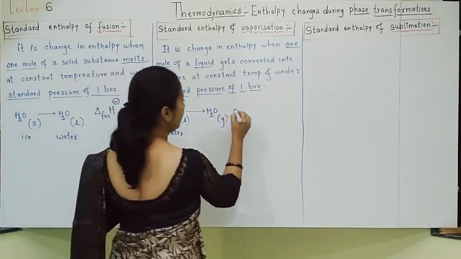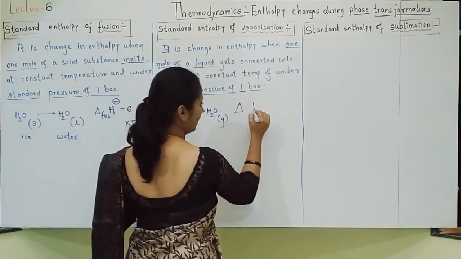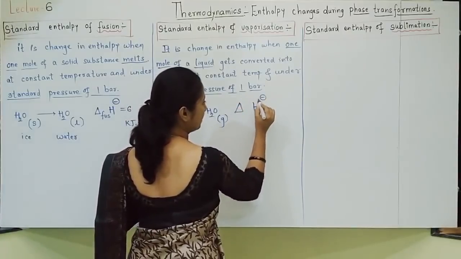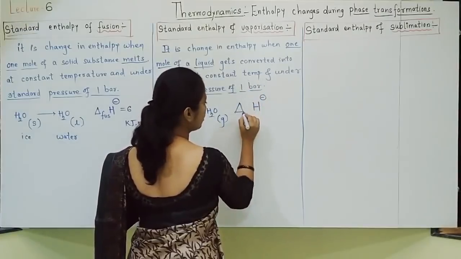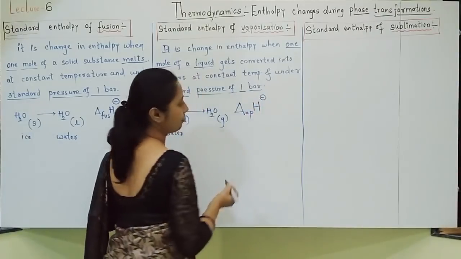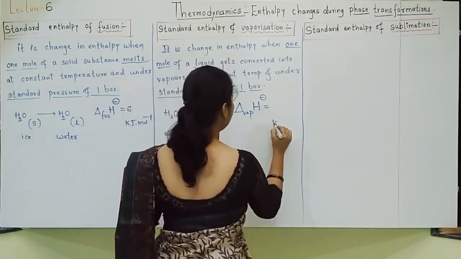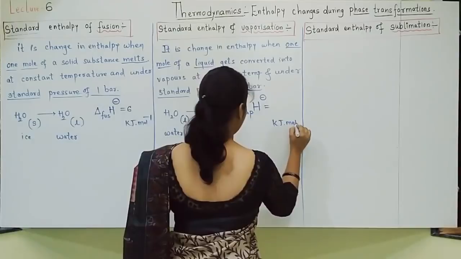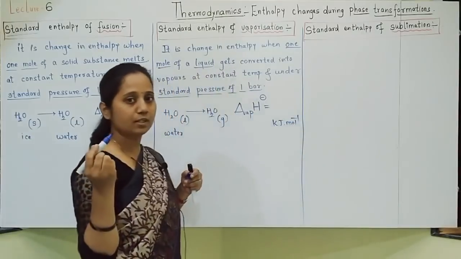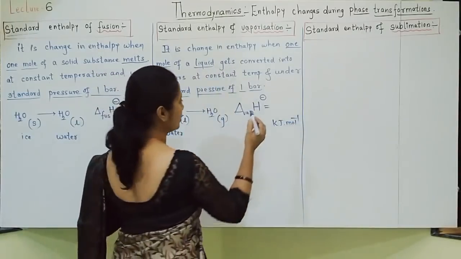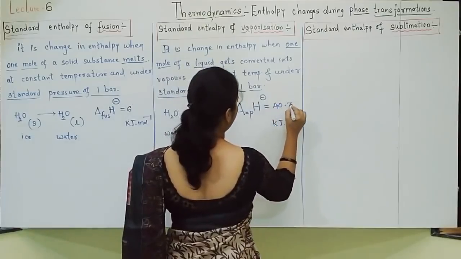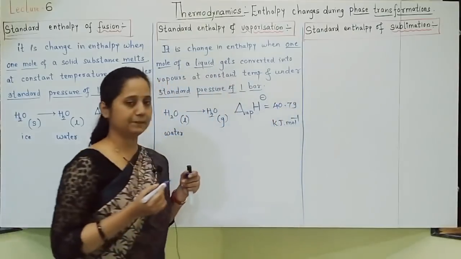How is it written? Delta H, change, enthalpy, standard. Vaporization, so I must write VAP. Delta H standard VAP is equal to, remembering all values is not possible, but normally remember the values. For this, the enthalpy change is 40.79.